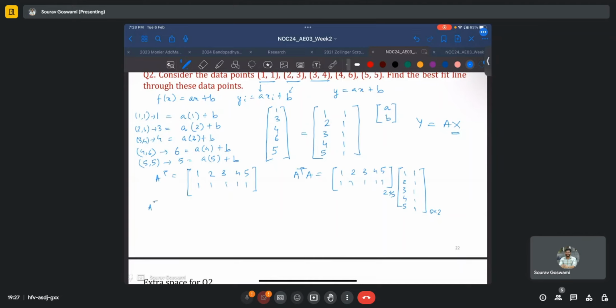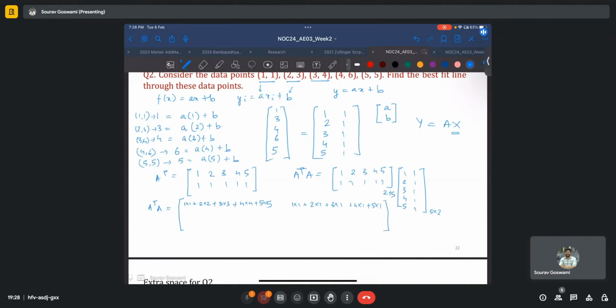So this shall equal 1 into 1 plus 2 into 2 plus 3 into 3 plus 4 into 4 plus 5 into 5. And the second element will simply be 1 into 1 plus 2 into 1 plus 3 into 1 plus 4 into 1 plus 5 into 1.